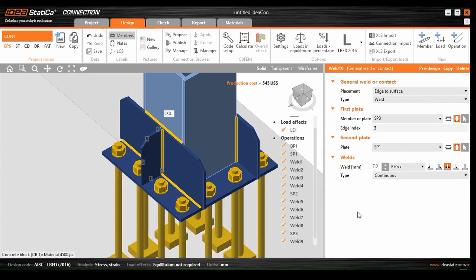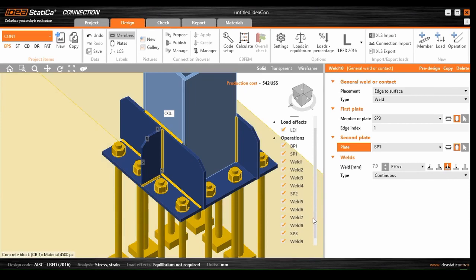Change the index of first plate to 1. And set the second plate to base plate. Okay, now the weld is added.